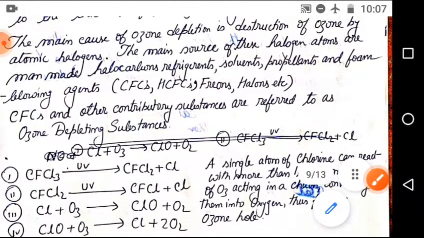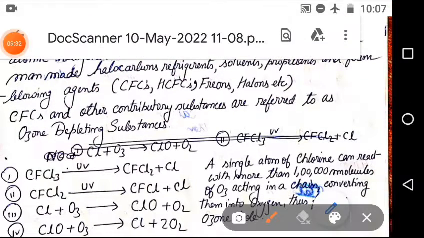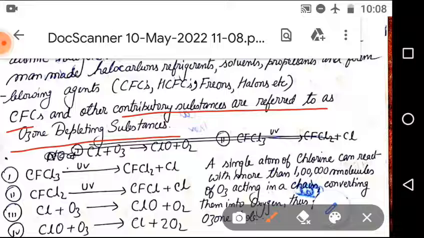Okay, so what are ozone depleting substances? Those which are depleting the ozone, those which are breaking the ozone. Most of the time, all the halogenated carbons like chlorofluorocarbons, hydrochlorofluorocarbons, are called ozone depleting substances.